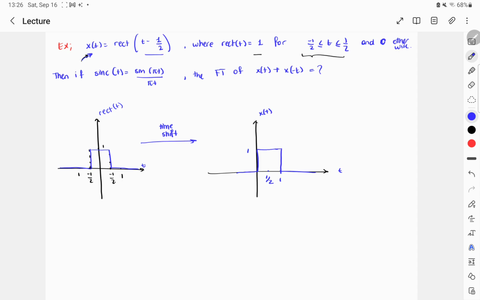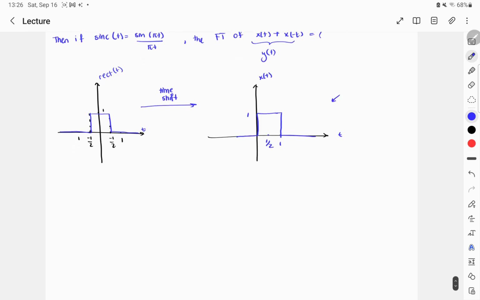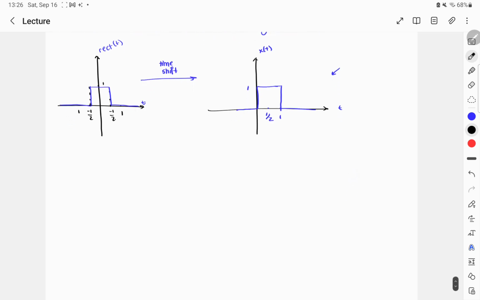Okay. So our signal y, let's say y equals all this, is equal to the sum of this portion and then the time reversed portion. Let me write how the time reversed portion is. It's just the opposite, as we can see here.